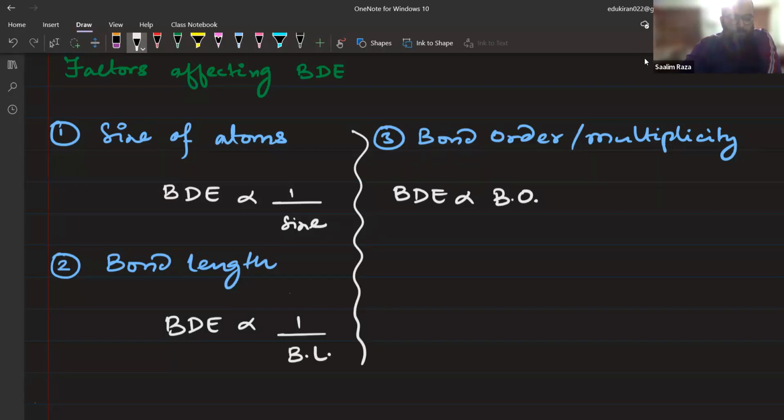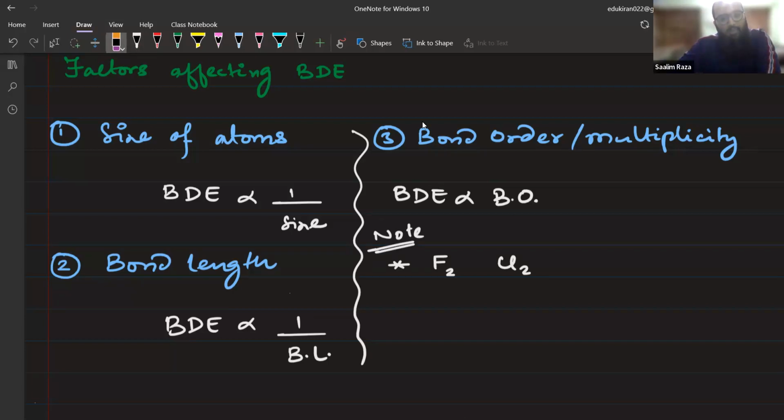Yes, sir. ठीक है, अब देखिए एक जरा एक केस है आपके पास, प्लीज राइट नोट. If you compare F2 and Cl2, ठीक है, then obviously the size of fluorine is smaller and the size of chlorine is larger. So expected हमारे पास क्या था?